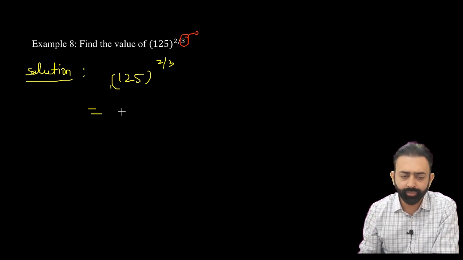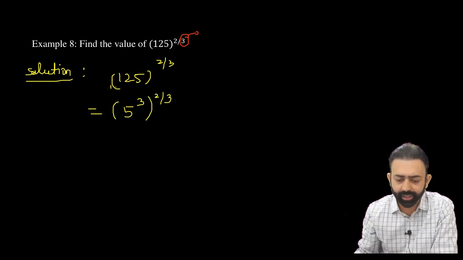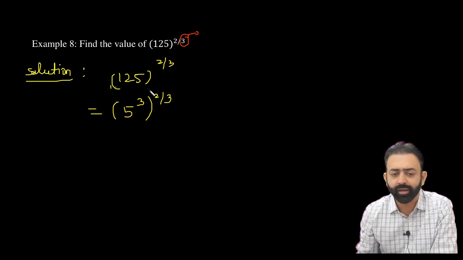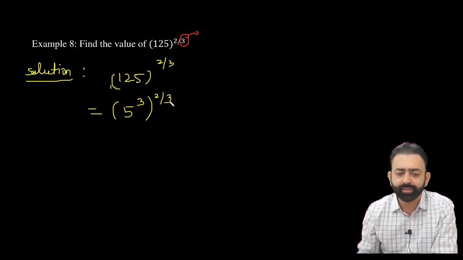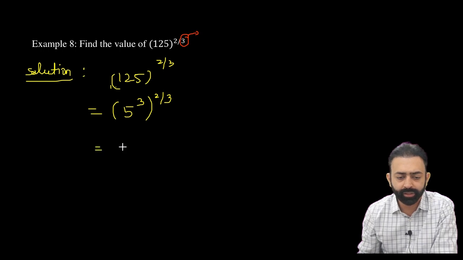This is equal to 5 cube raised to power 2 by 3. The benefit of writing this is that when I multiply the exponents, this 3 gets cancelled with this 3, and you only remain with 5 square, which is 25. So this is 5 raised to power 3 multiplied by 2 over 3. So we have 5 square, which is 25. This is the answer.